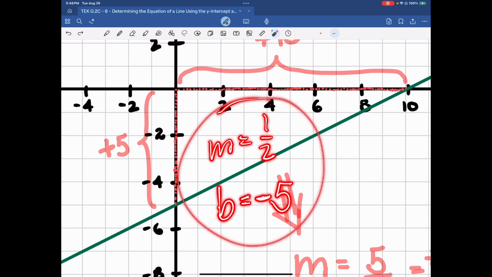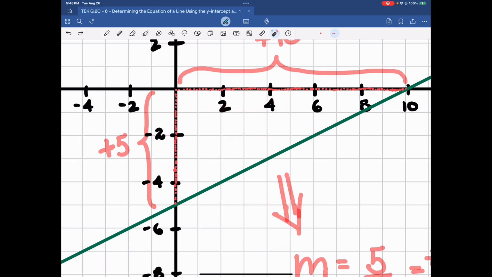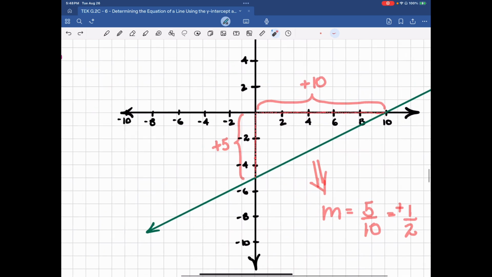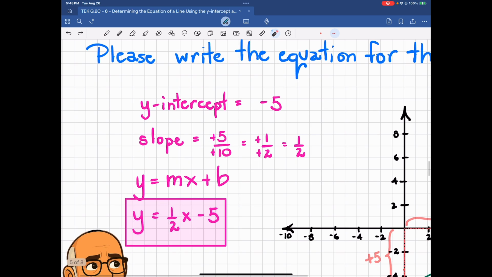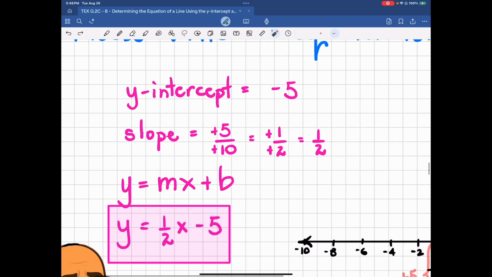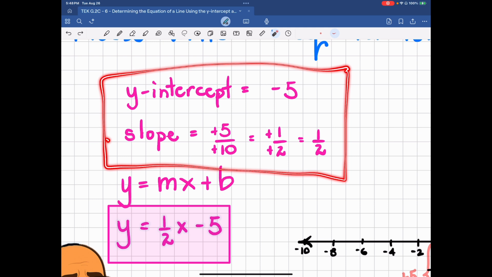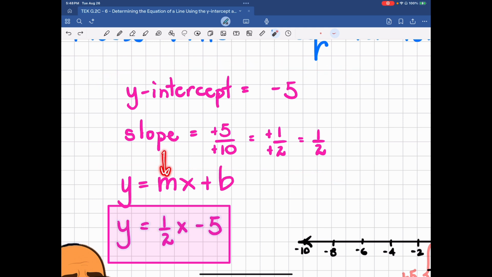So we're going to take these two pieces of information, using our friend the slope-intercept form, and write the equation of this line. I wrote out just what we said with the y-intercept and the slope. Now we're going to put them into the formula. My slope is 1/2. My y-intercept is -5, and look what happens. We get the equation of our line.